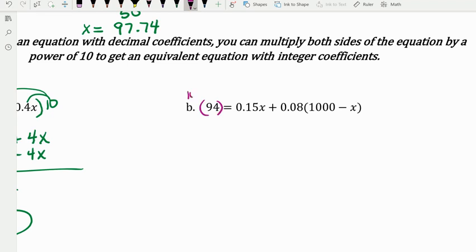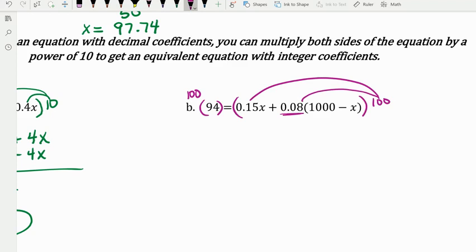So over on this side of the equation, I multiply by 100. And on this side, I multiply by 100. And again, remember, I have to distribute that 100 to each term. Because all of that is in parentheses, that goes with the 0.08. So I only have to take that 100 times that 0.08, not everything inside the parentheses.